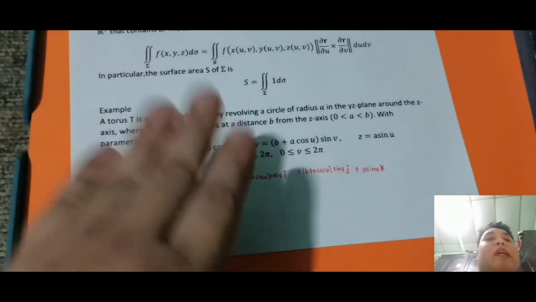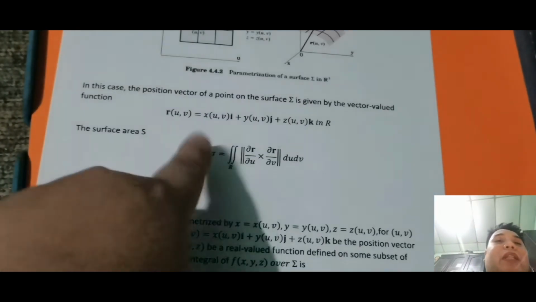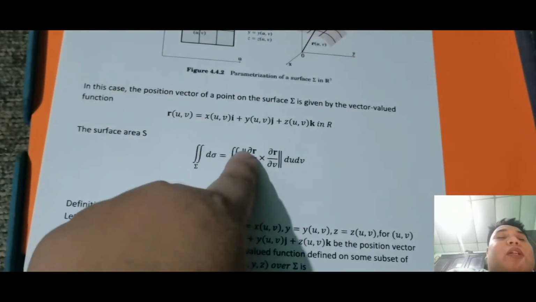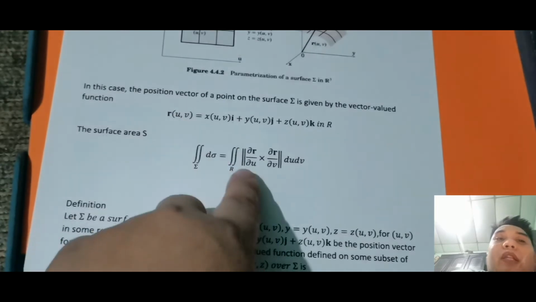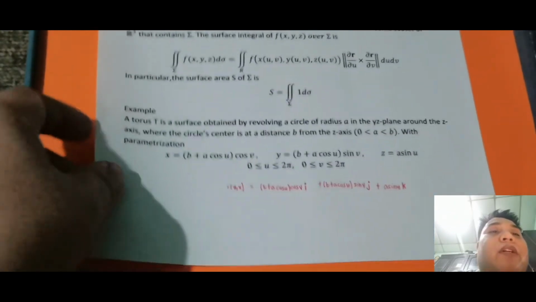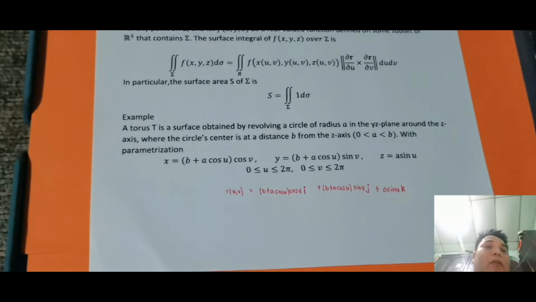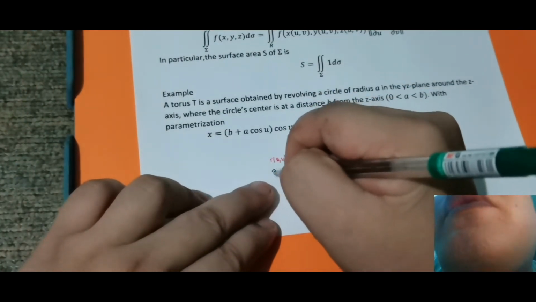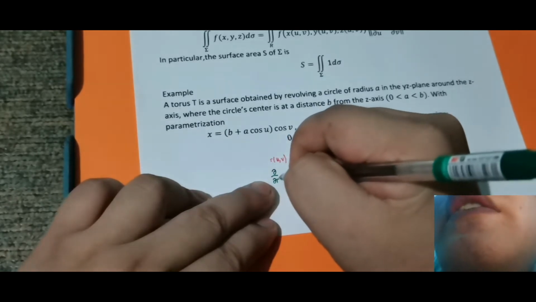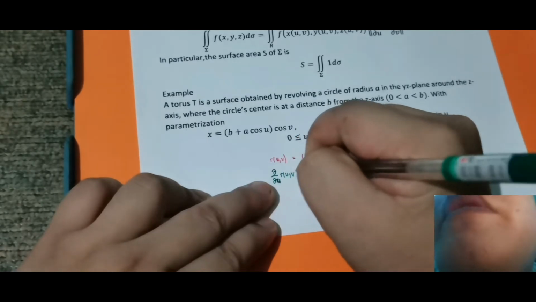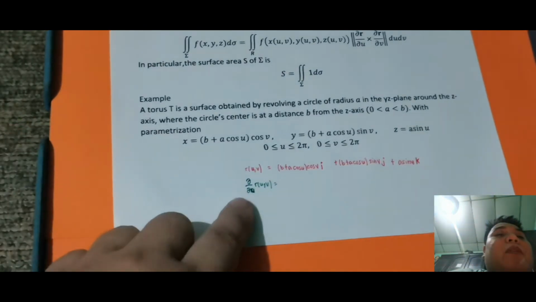Since alam na natin yung position vector, ano yung kailangan natin dito? Kukunin ko yung partial derivative ng position vector una with respect sa u, then yung partial derivative ng r with respect sa b. Kunin natin ang partial derivative with respect sa u.